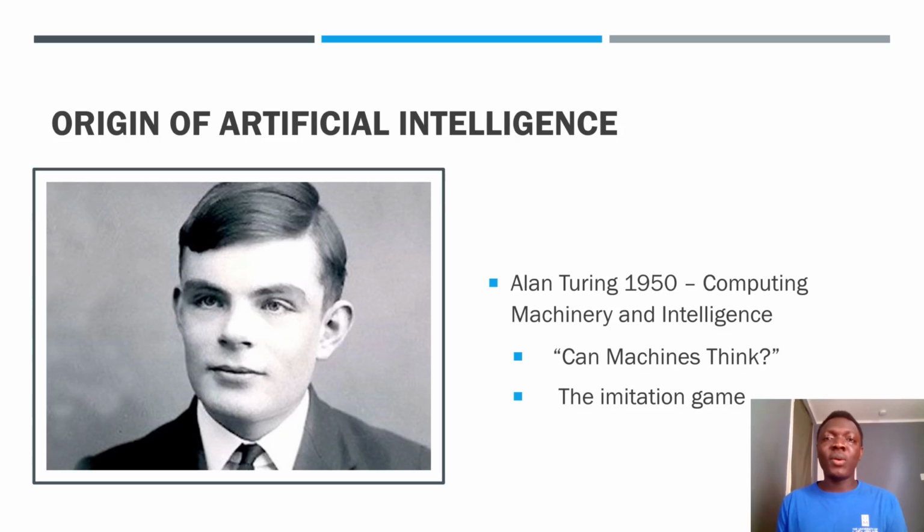He called the ability of machines to think and act the imitation game. For some researchers, the name of Alan Turing can never be erased whenever artificial intelligence is mentioned, and some researchers see him as the father of artificial intelligence.